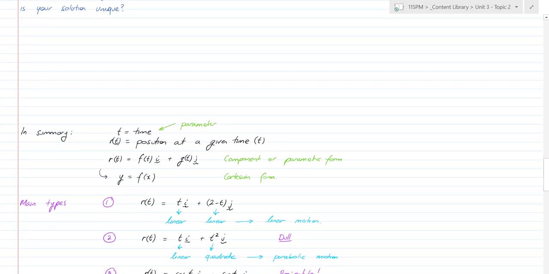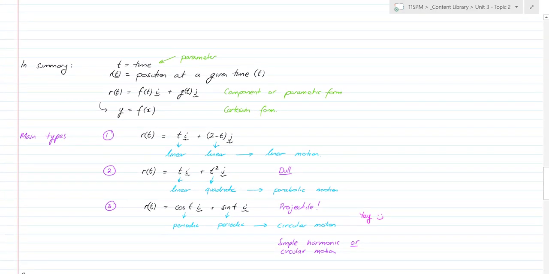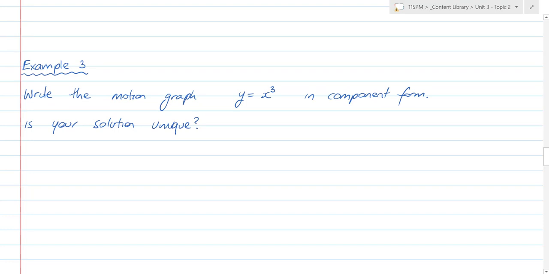And example 3, very quickly, and then I'll just quickly show you the summary, and then we'll talk about the rest of the stuff tomorrow. Write a motion vector for y equals x cubed. Write the motion vector, so the motion graph, in component form. Is your solution unique? We know the solution is not unique now. So can you get that into component form? Can somebody give me a vector that is parametric in terms of t that actually represents the function y equals x cubed?